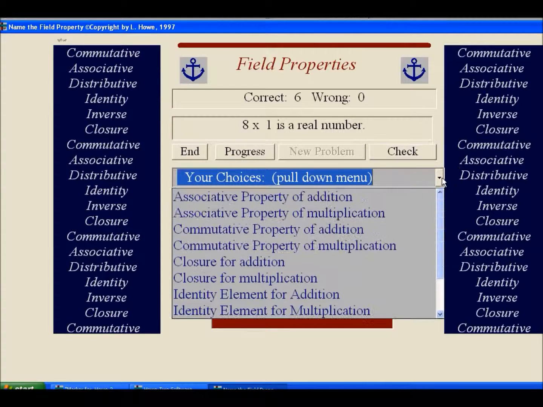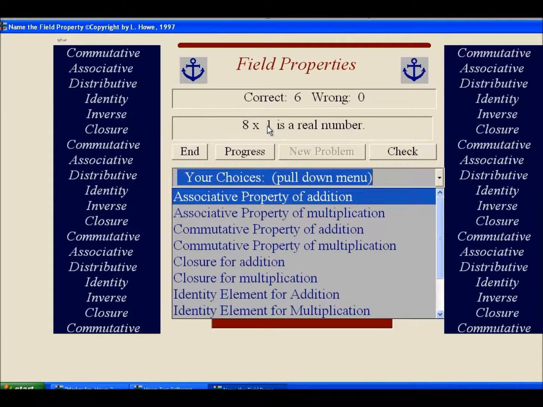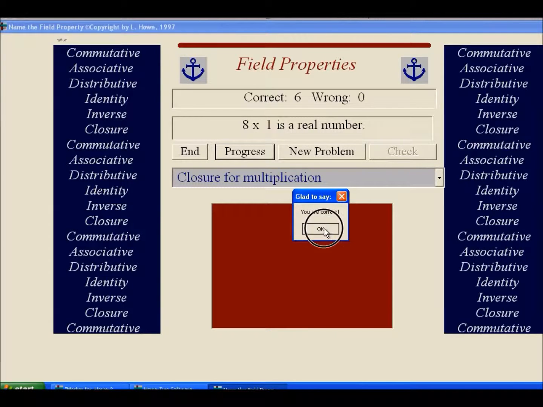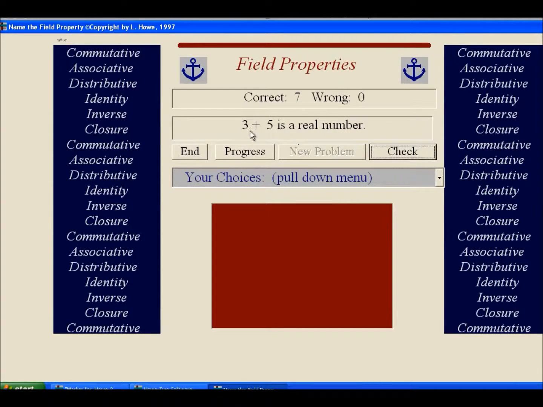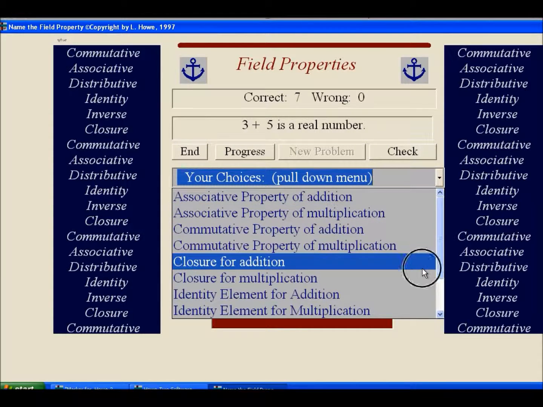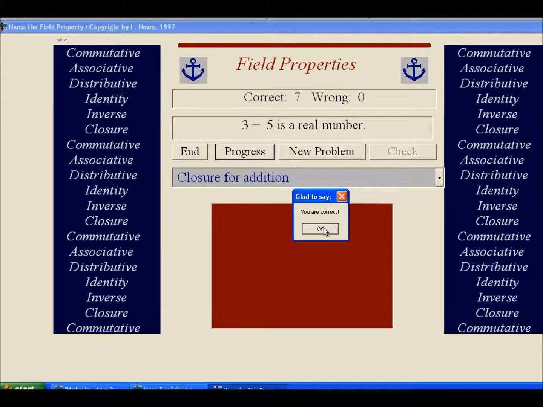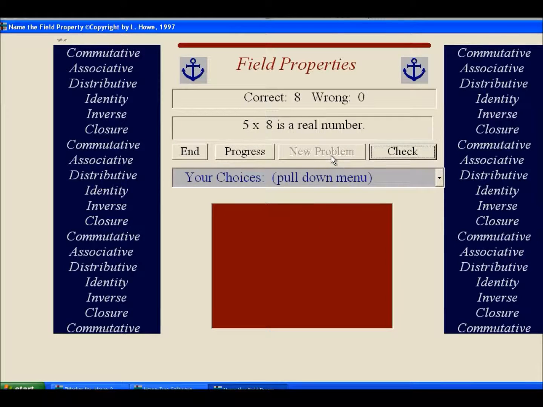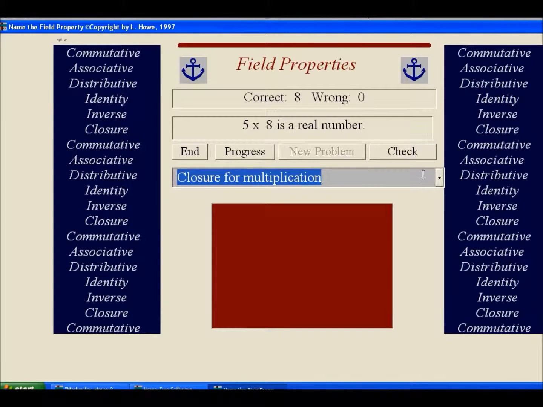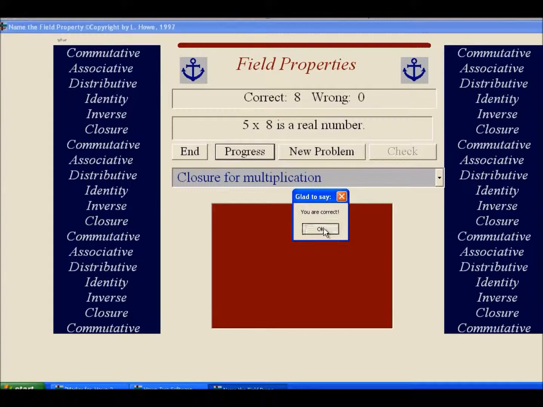This is closure for multiplication. 3 plus 5 is a real number, almost like the last problem, except because it's plus, it's closure for addition. Check, you win. New problem. Oh, another closure one. Closure for multiplication. Check, we win.